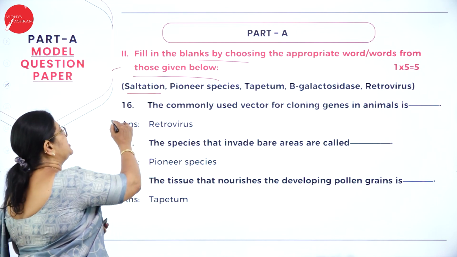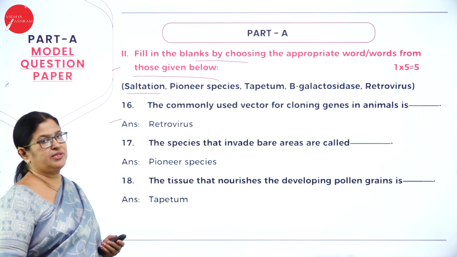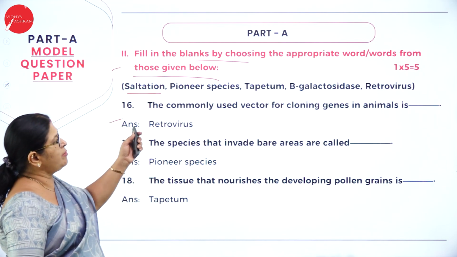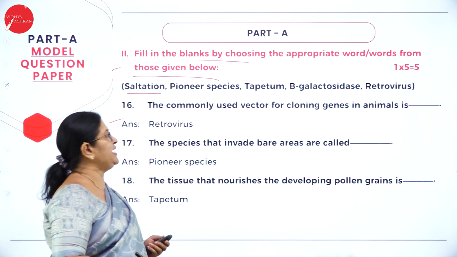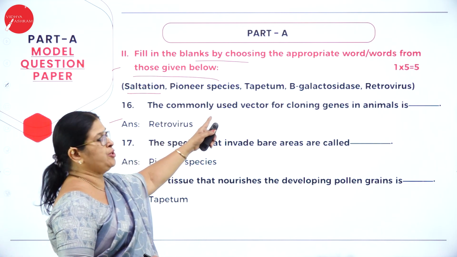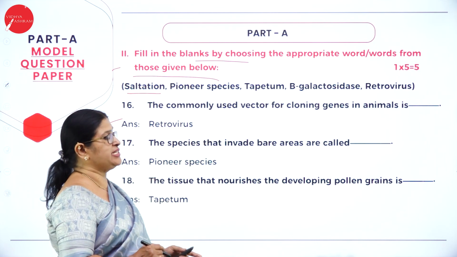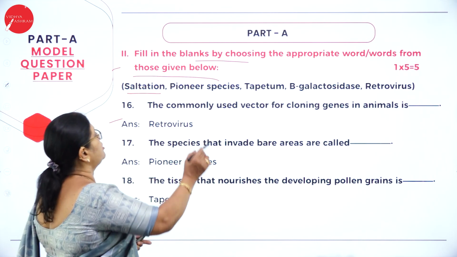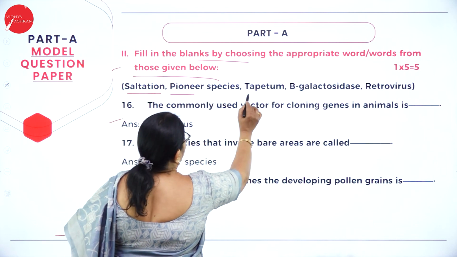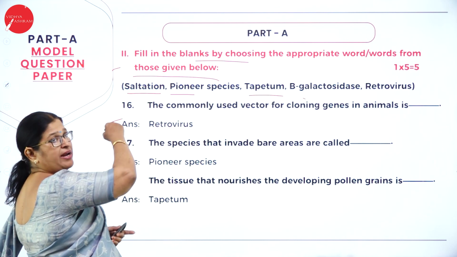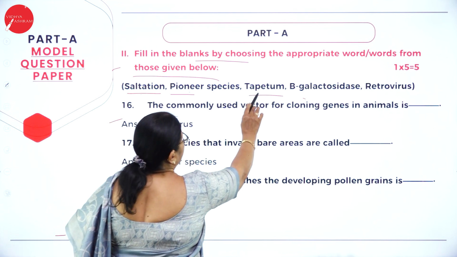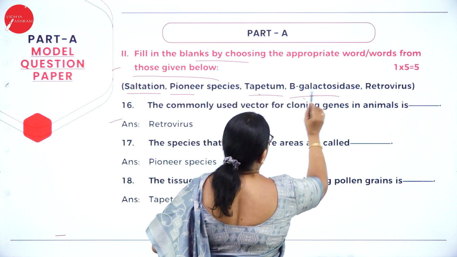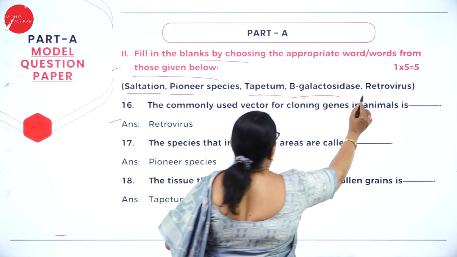Question number 16: The commonly used vector for cloning genes in animals is dash. 5 answers are given here. You need to choose the right answer: saltation, pioneer species, tapetum, beta-galactosidase, retrovirus.